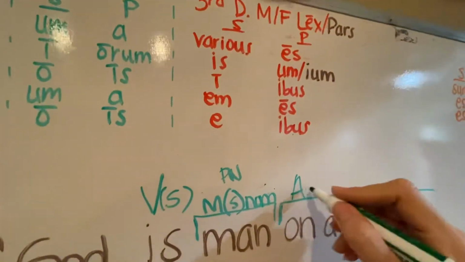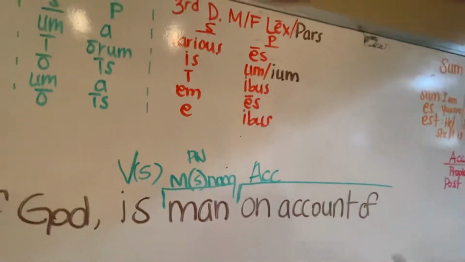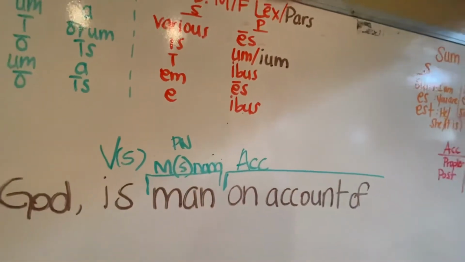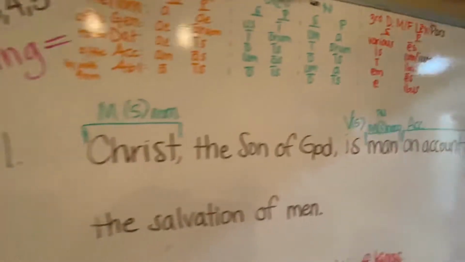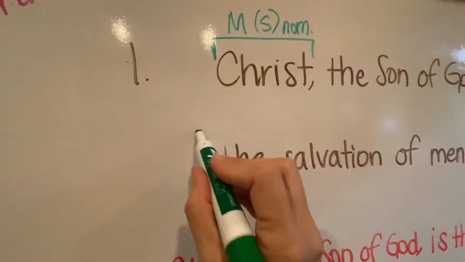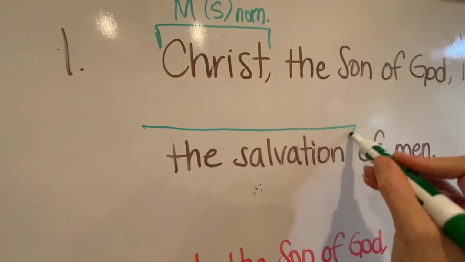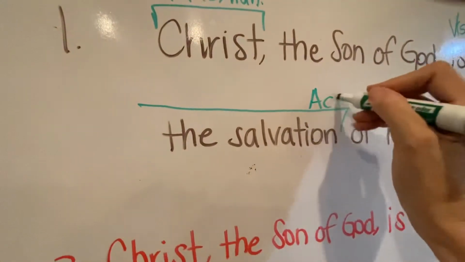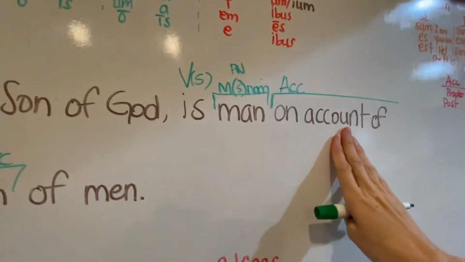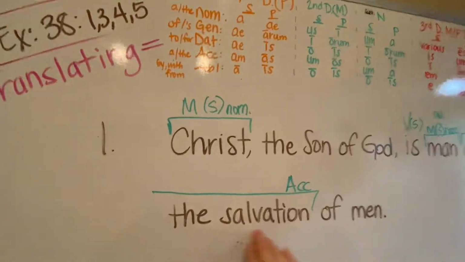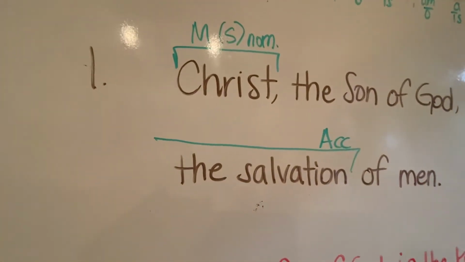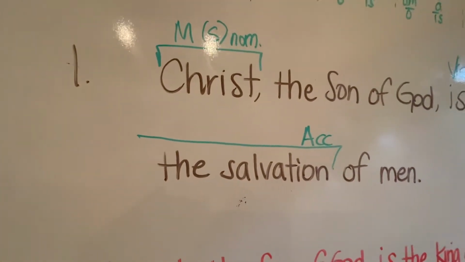So I like to label this accusative, knowing it's propter. You can also write the word propter up here if you want. And then I come down because I also know that the word that follows will also be in the accusative. Okay, so this would be propter, on account of, and the word that follows also takes the same case.